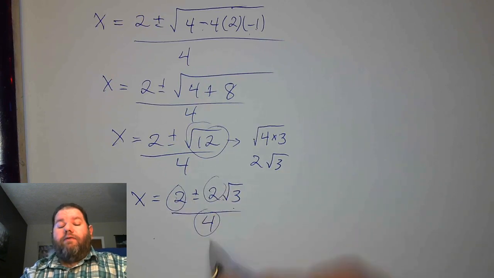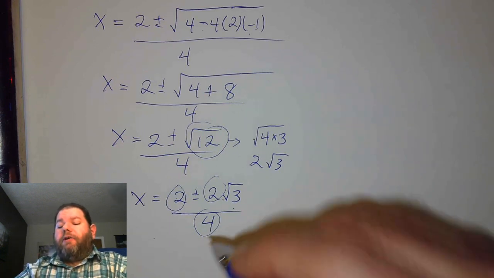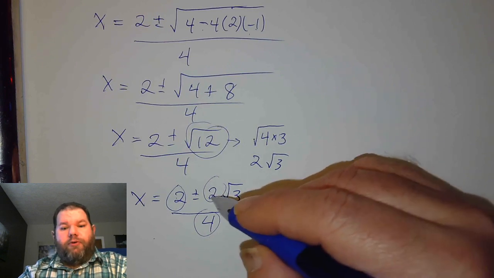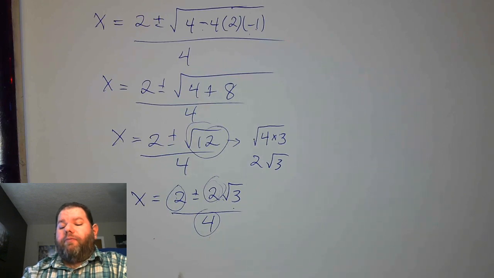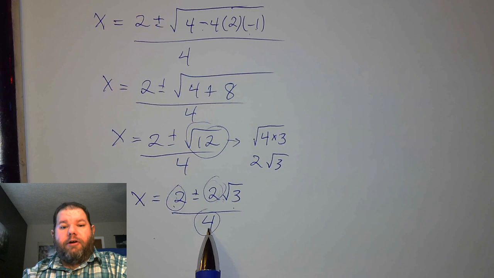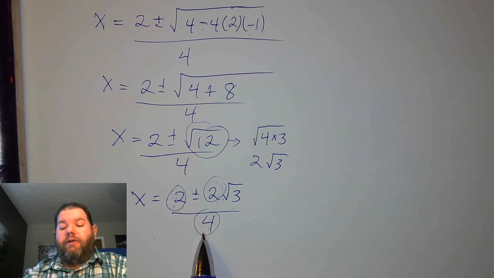We have 2, 2, and 4, and they all have a 2 in common. Now, because these are multiplied together, we don't have to change both terms as long as we can change the term outside. So basically, we think of this as 1, 2, 3 terms in this problem. And so, looking at these 3 terms, what number do those 3 have in common? They all have a 2 at least that we can factor out.